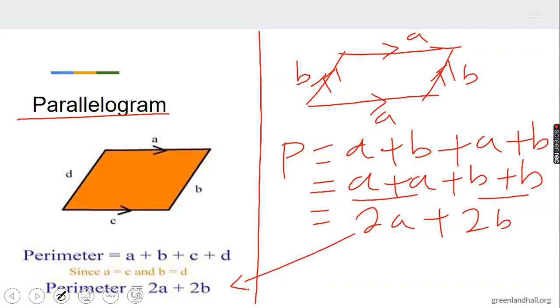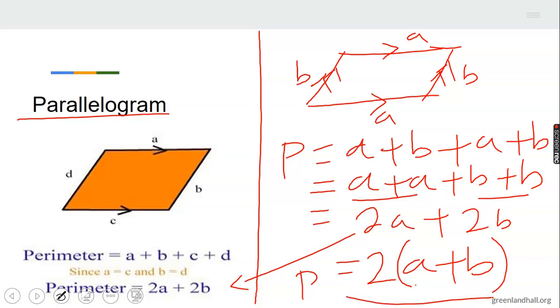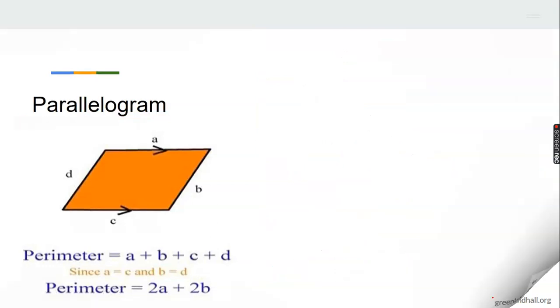You wouldn't stop there because you will be asked to bring out the common factor. What is common? 2. So 2 times (A plus B). The only thing different here from that of a rectangle is just the A. In the case of a rectangle, L was used instead. This is the formula to calculate the perimeter of a parallelogram.